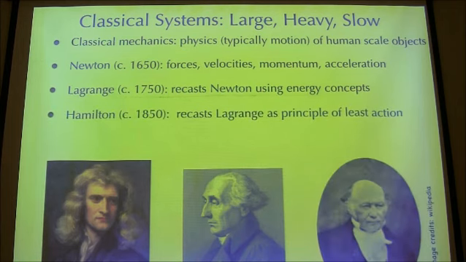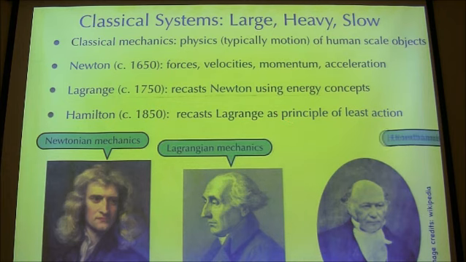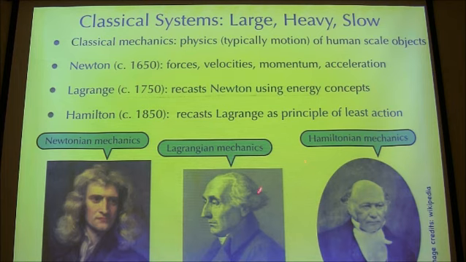Hamilton then recast Lagrange in a couple of different ways. One way is the principle of least action, and the other way is just a reformulation of mechanics called Hamiltonian mechanics. And we use these phrases, and I'm sure many of you in the audience are familiar with these different, equivalent descriptions of classical mechanics.